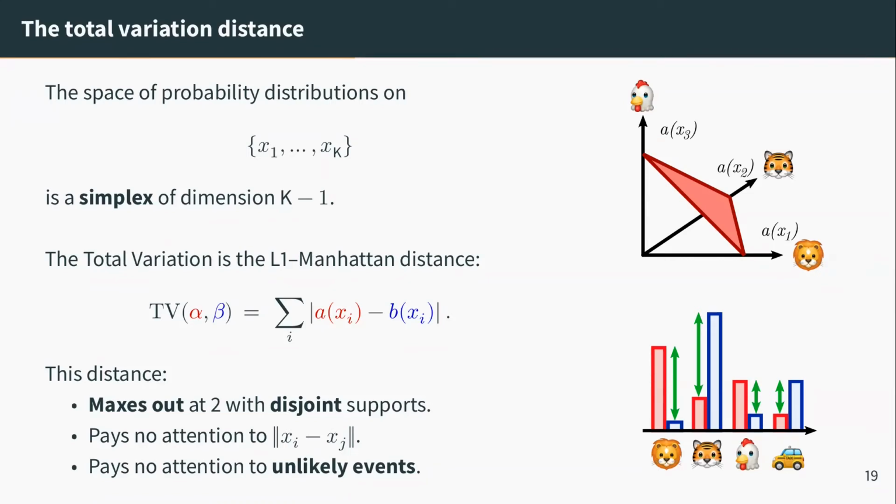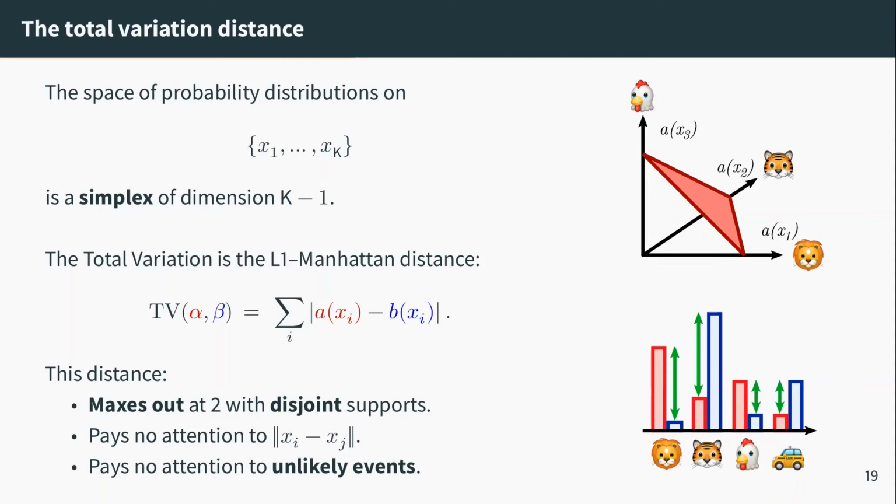Each of these sums is equal to 1. So at most, my total variation is going to be equal to 2. And it's simple to identify the cases where we saturate this value. It happens when the two histograms have disjoint support. Basically, if the two distributions never allocate mass on the same points.